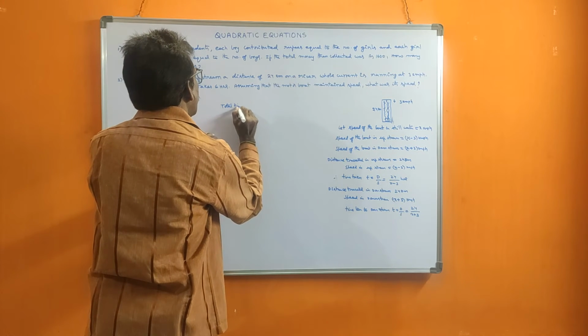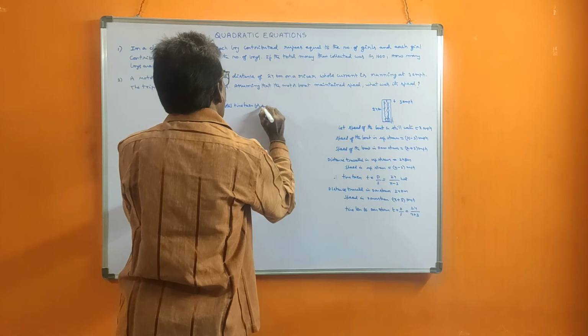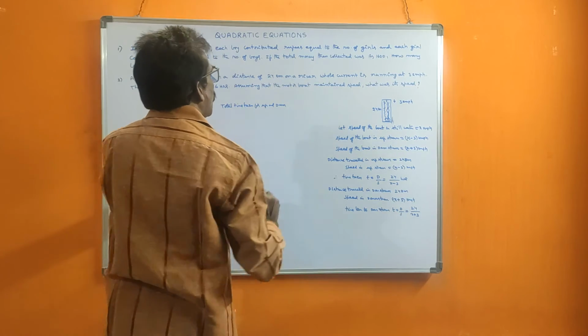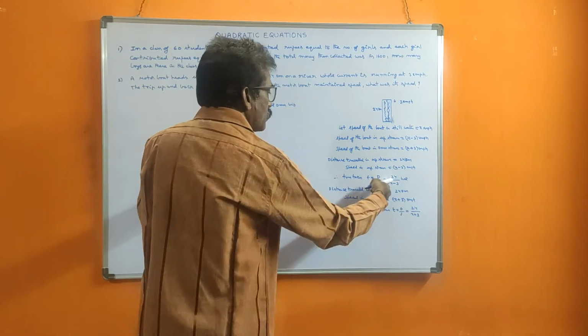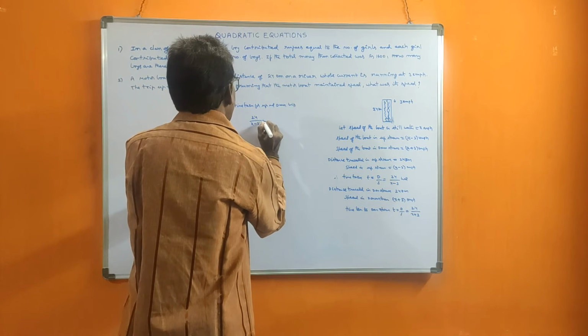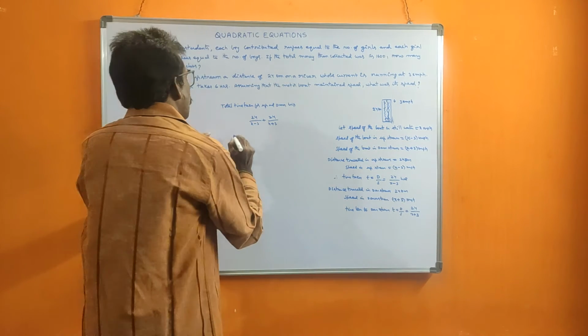So the total time taken for the up and down trip is, for up, 24 by x minus 3, plus down, 24 by x plus 3. This is the total.